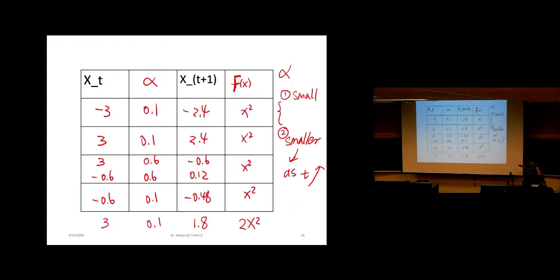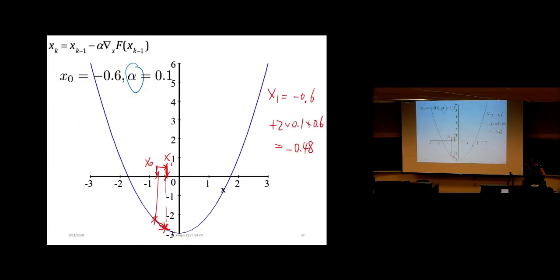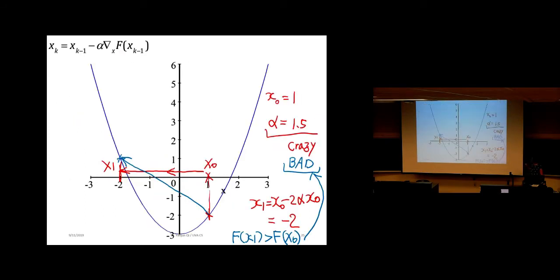So there's one figure I made, I cannot remember how I did it, so I just redid it in my slides. If you use a crazy learning rate, starting from a position like x0 equals 1, this will push you to some position like -2. So this actually shows gradient descent does not necessarily decrease the function.